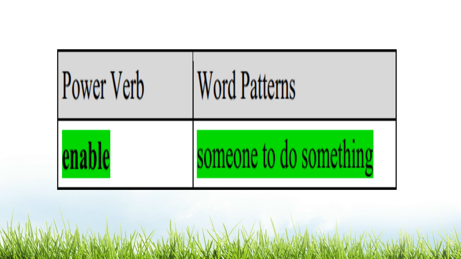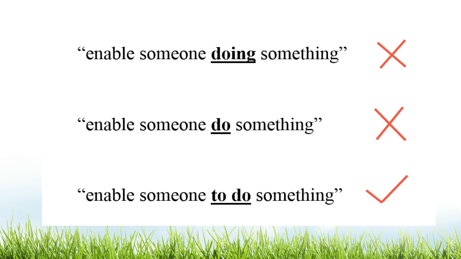That is, the way you use this verb is enable someone to do something. It would be wrong if you use the verb in this way, enable someone doing something, or enable someone do something. Those are wrong word patterns. The correct way to use this verb is enable someone to do something.